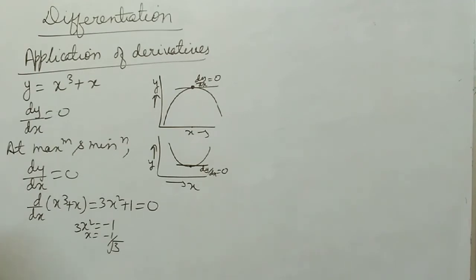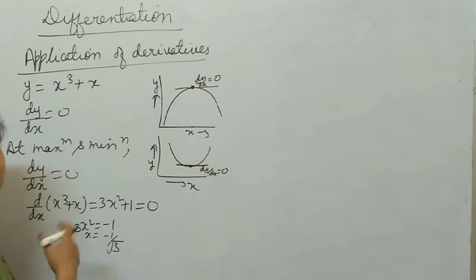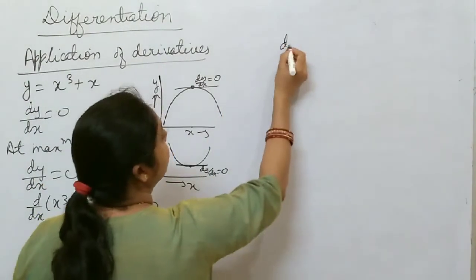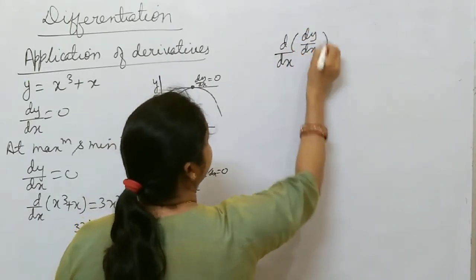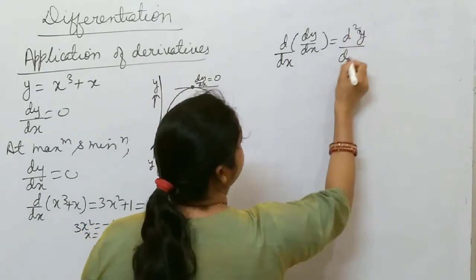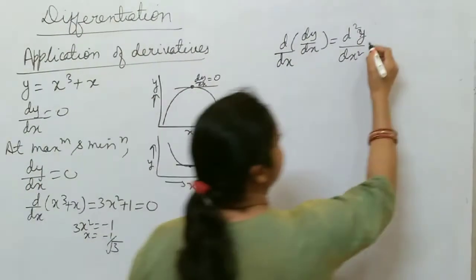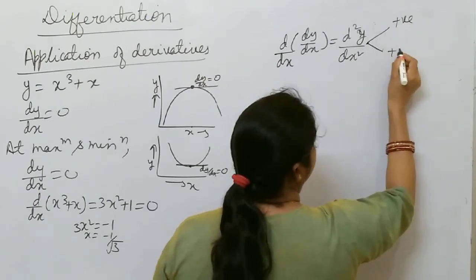Now the question arises: at this value, x is either maximum or minimum, but when is it maximum and when is it minimum? For that, after calculating dy by dx, you have to differentiate it once again. It is called the second derivative. You can also write it as d2y by dx square. Again differentiate this dy by dx, and check whether it is positive or negative.